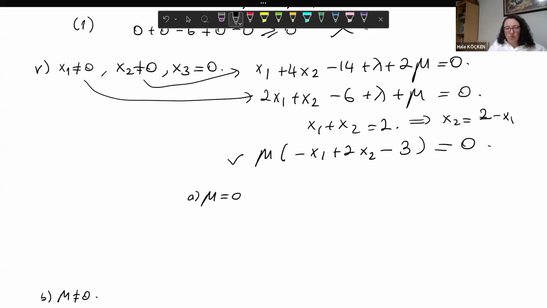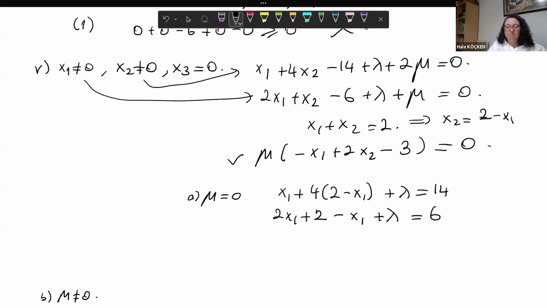And I will rewrite the first equation: x1 plus 4 times 2 minus x1 plus lambda, with 0 for mu, is equal to 14. First equation, 2x1 plus x2, 2 minus x1, plus lambda is equal to 6.